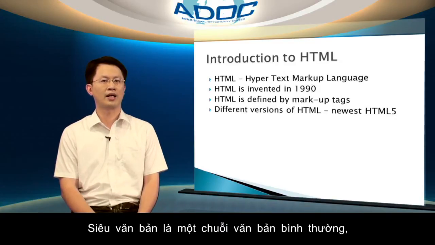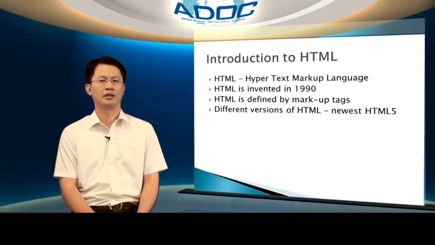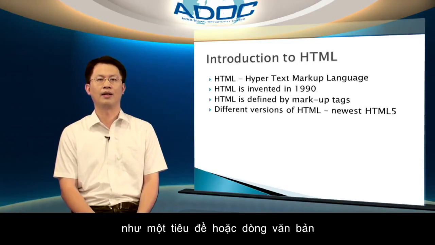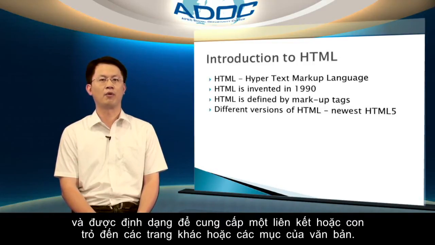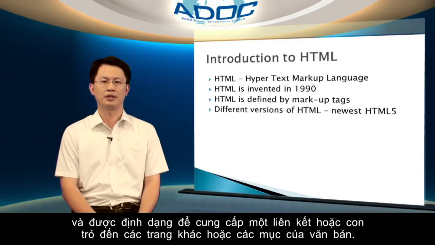Hypertext is a normal text string, such as a title or a line of text, displayed in the browser, and which is formatted to provide a hyperlink or pointers to other pages or other items of text.